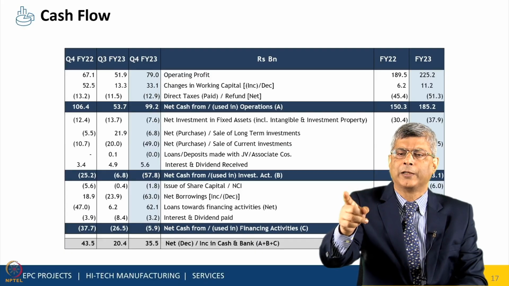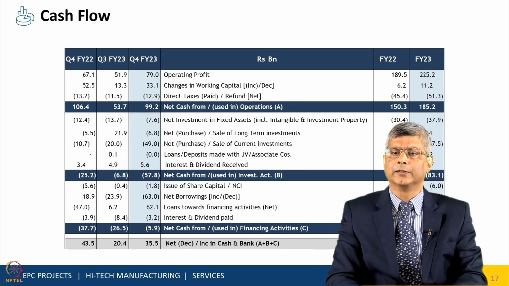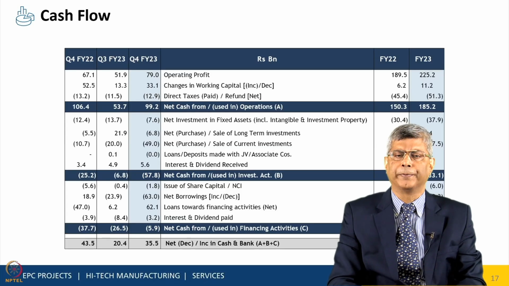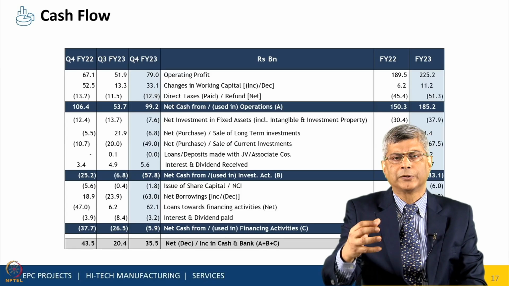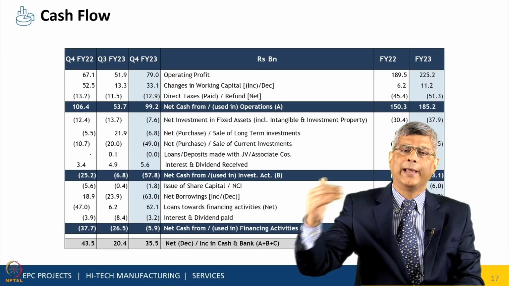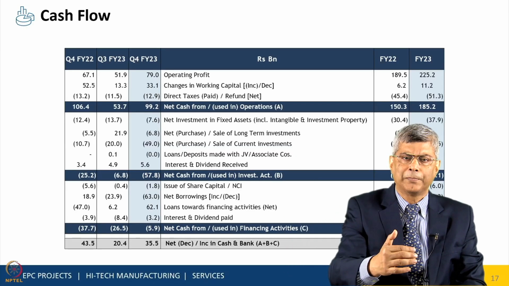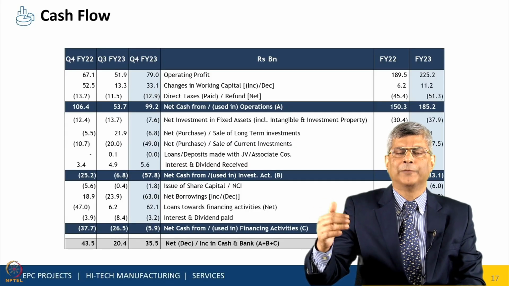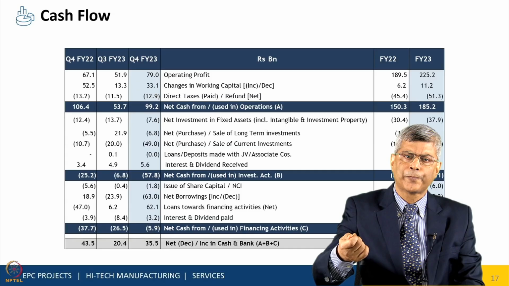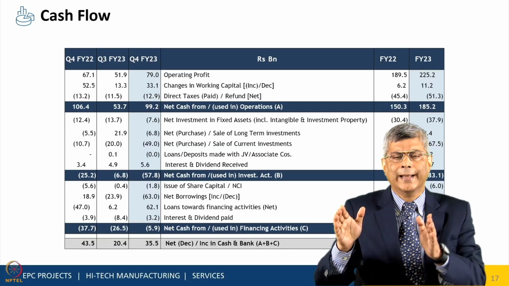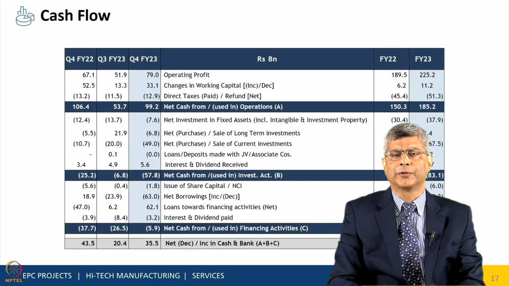If you look at FY23, operating profit on the right side, you'll see 225.2 billion rupees. That's 22,500 crores of operating profits. And then they're figuring out where they have collected money or spent cash. And if they spent more money than they've collected, then they're negative on cash flow.